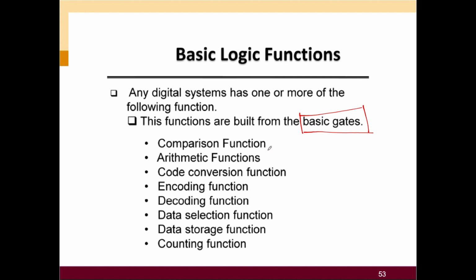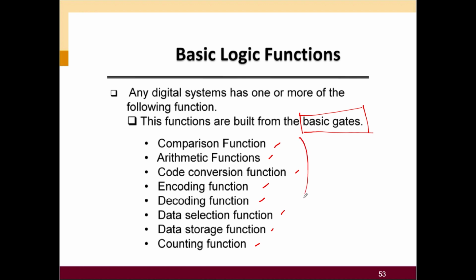So you can see over here the basic functions that are available: comparison functions, arithmetic functions, conversion functions, encoding functions, decoding functions, data selection functions, data storage functions, and counting functions. So this is a list of functions that are available, which come from the basic gates.